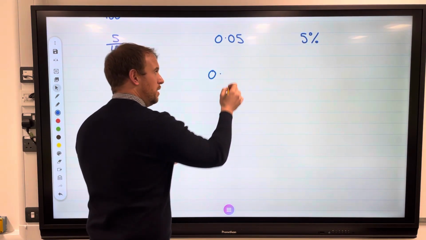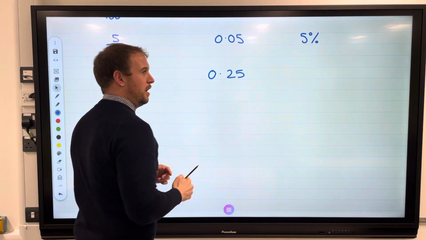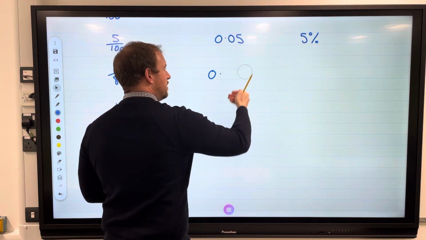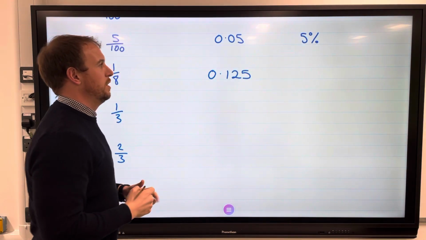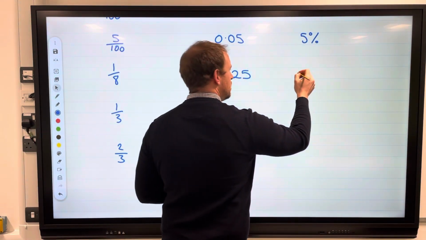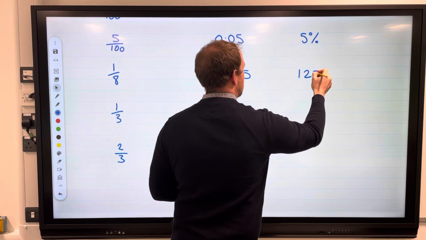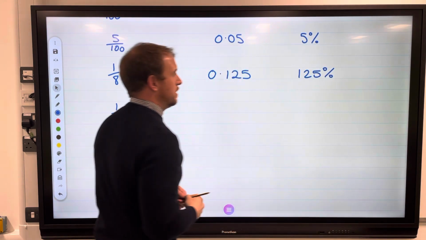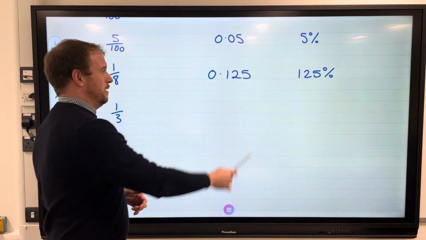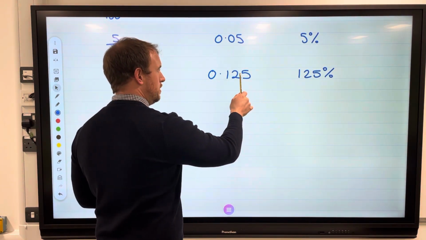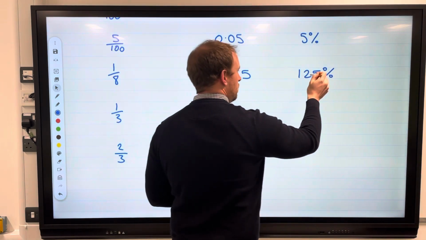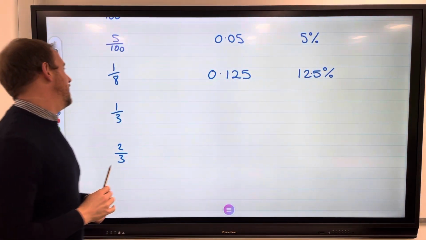Well, a quarter was 0.25. Half of that, 0.125. So as a percentage, I know you're tempted to write 125%. You're following the pattern. However, 0.125 multiplied by 100, the decimal point goes in between the 2 and the 5.